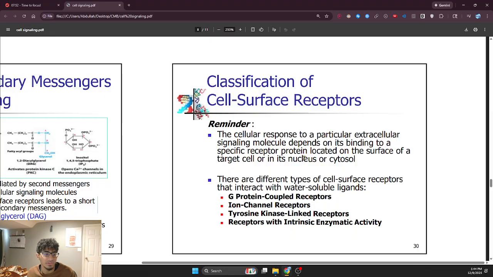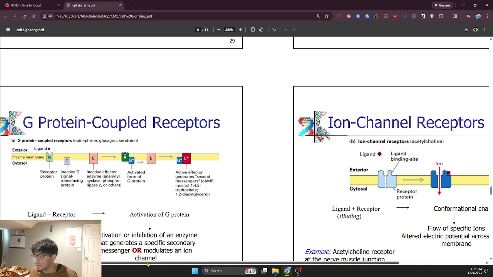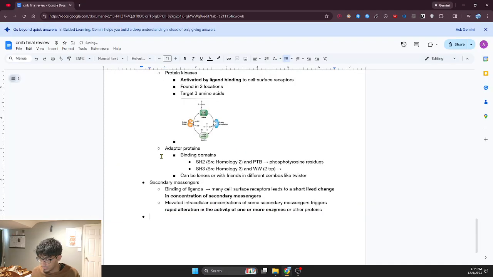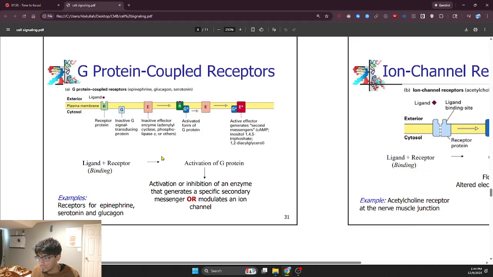There's 4 types of receptors. G protein, ion channels, receptor tyrosine kinases, and enzyme linked receptors. It's a completely different thing. I know how this works, bro. Epinephrine, serotonin, and glucagon.